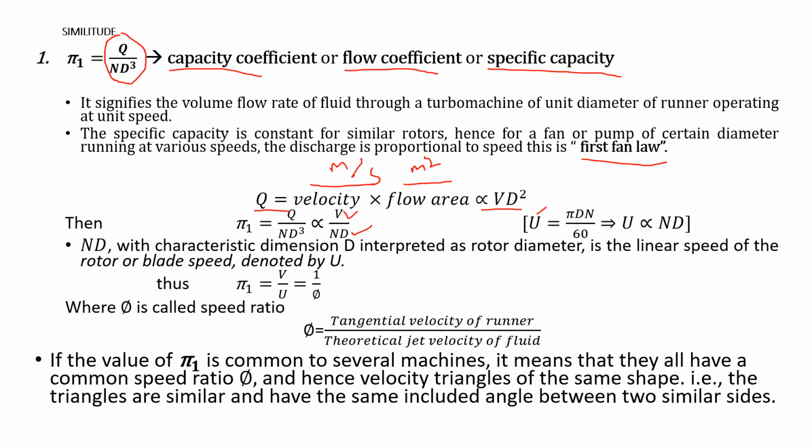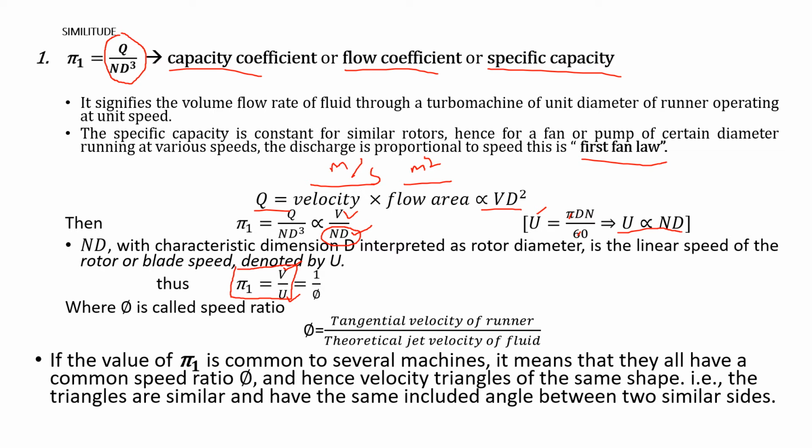Pi is constant, 60 is also a constant, so U is proportional to ND. So here I can replace the denominator ND by U. So pi 1 is equal to V by U, where V is the velocity of the fluid and U is the rotor speed.